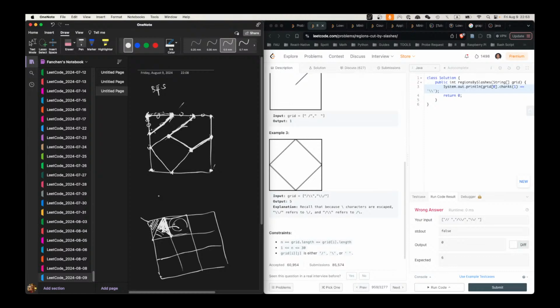So now what we need to do is to number these triangles. Good question. How do we number them?